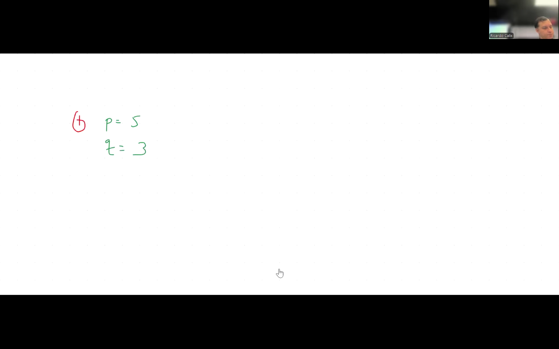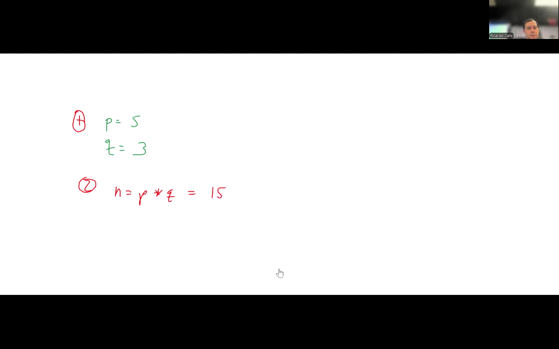Step 2, compute N. N is going to be P times Q, right? So in this case, this would be 15, right? 15.